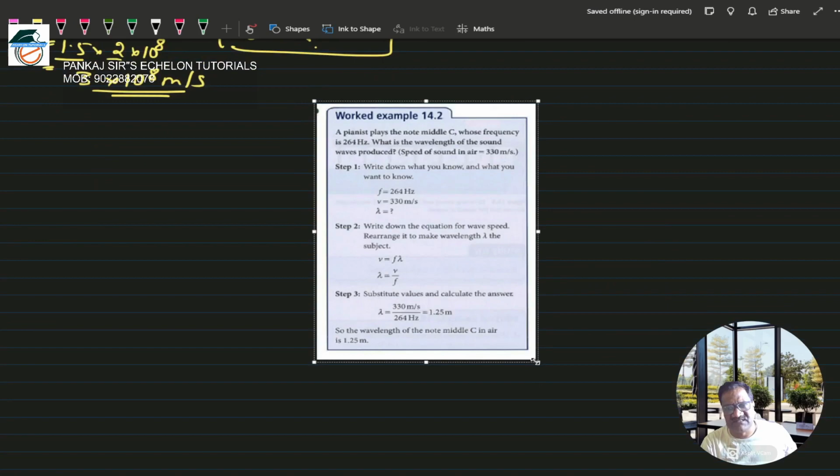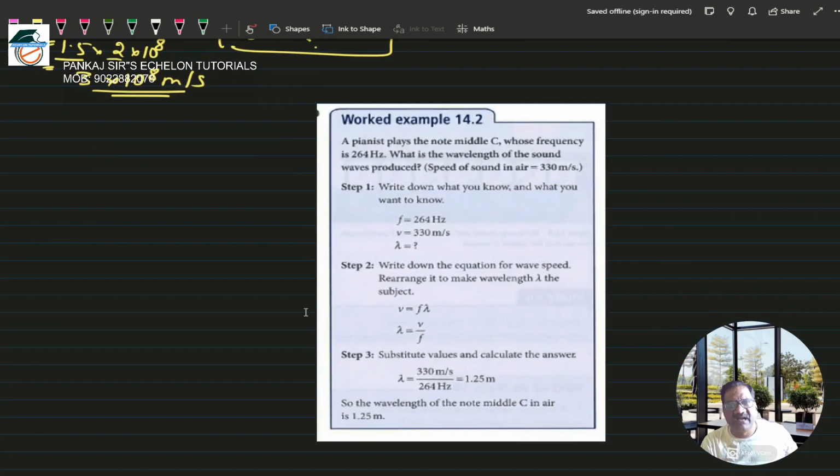Now what this question says, this is the second example, and it says that a pianist plays the note middle. What is this? There's something here. Okay. Now there's some ambiguity here. This is actually in my textbook, it is given this way.